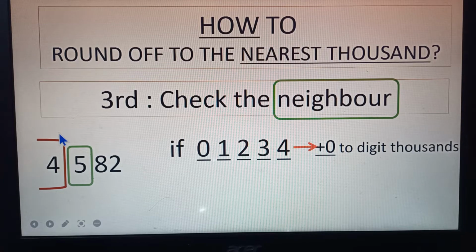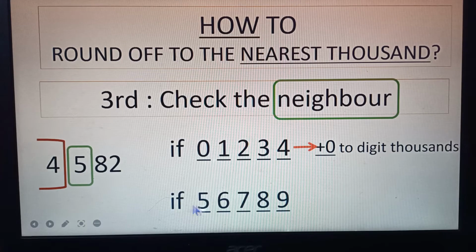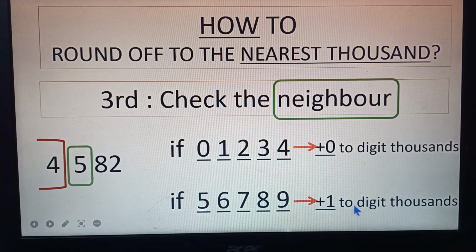So we add 0 arah atas staple itu. If the neighbor is 5, 6, 7, 8, 9, which is more than or equal to 5, so what do you do with the 1,000? You add 1 to digit 1,000. You add 1 arah digit 1,000.